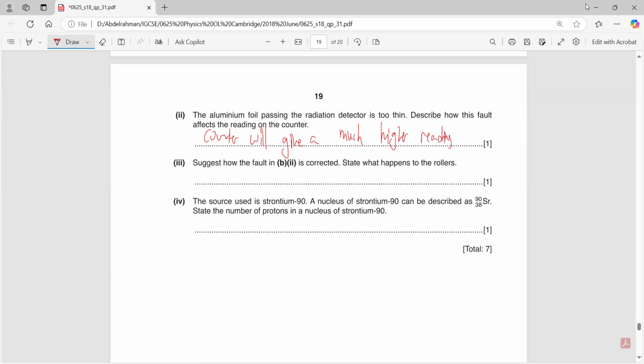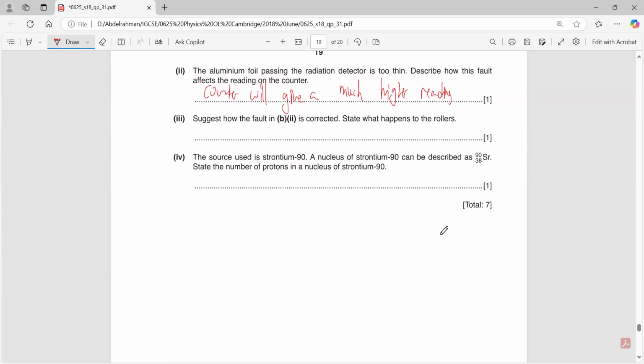For example, if you use gamma radiation, the counter will keep on reading very high numbers. Why? Because all of the gamma radiation will be passing through, so the counter will keep on increasing. It would be wrong. The question wants to know if the foil is thick or thin.